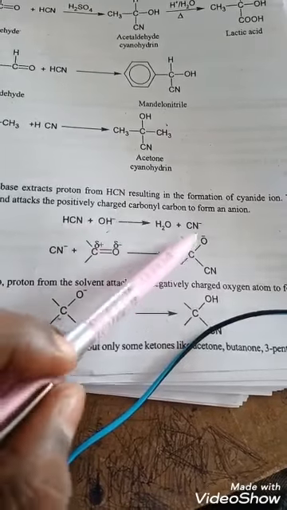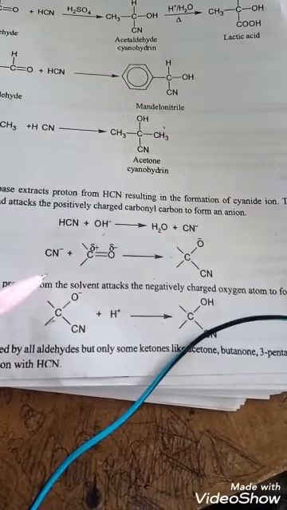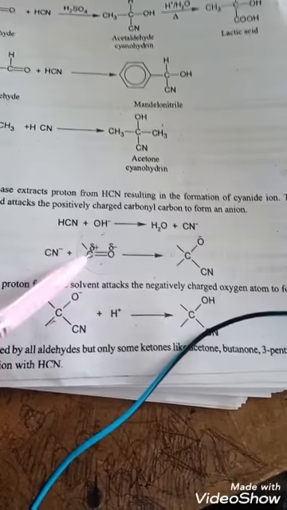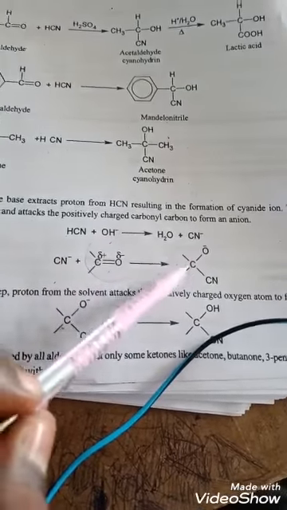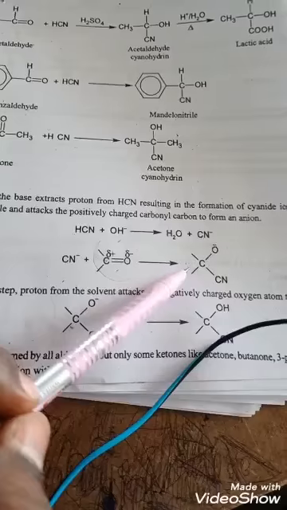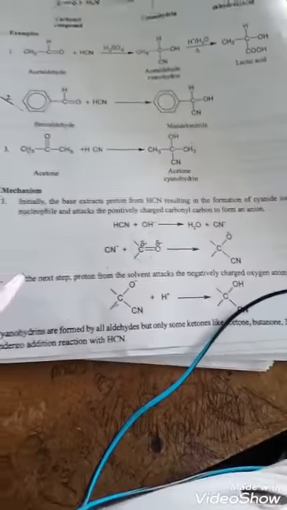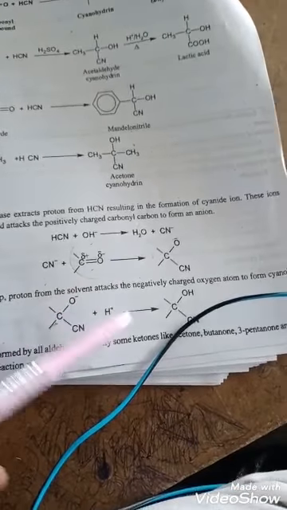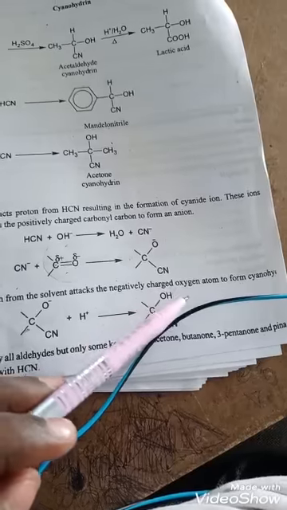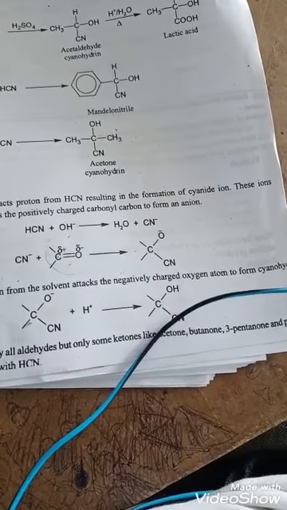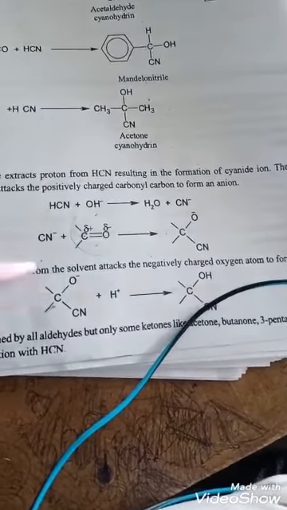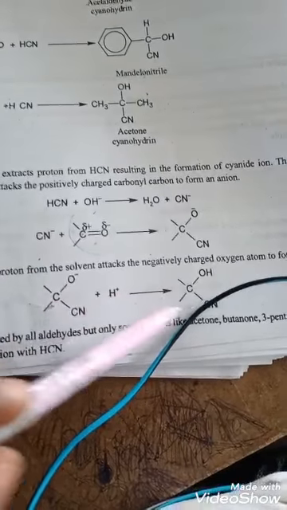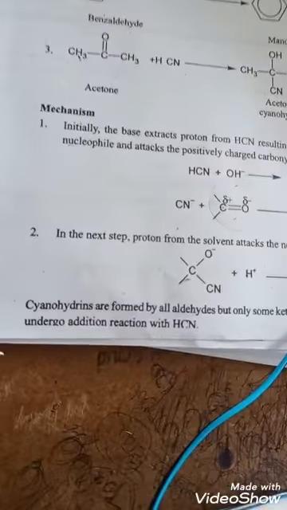The CN minus plus the carbonyl compound forms the cyanoalkoxide ion. In the next step, a proton from the solvent attacks the negatively charged oxygen atom to form cyanohydrin.